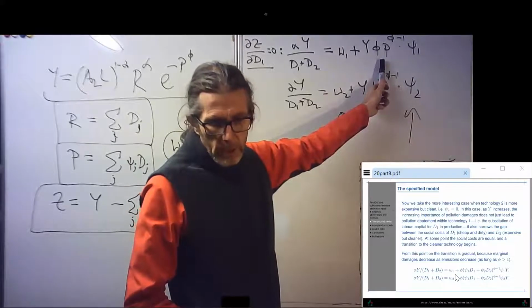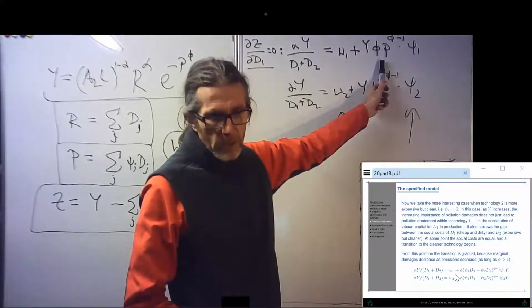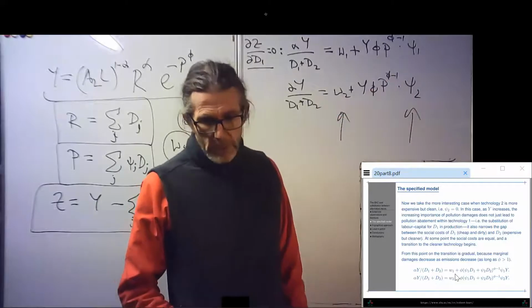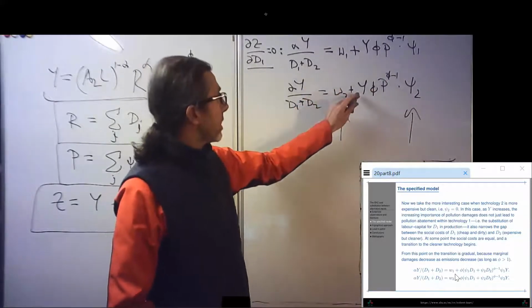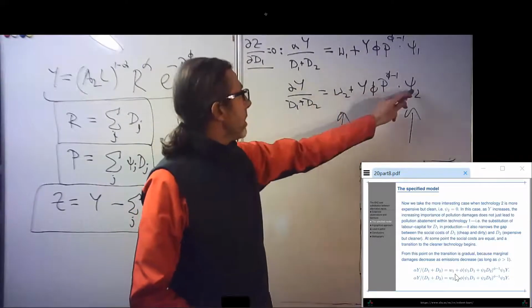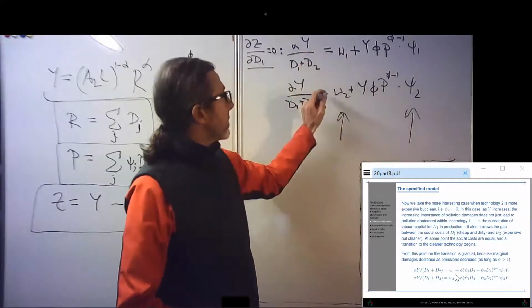At some point, they become equal and we start switching from D1 to D2. We get an internal solution and we start using this input as well as this one.